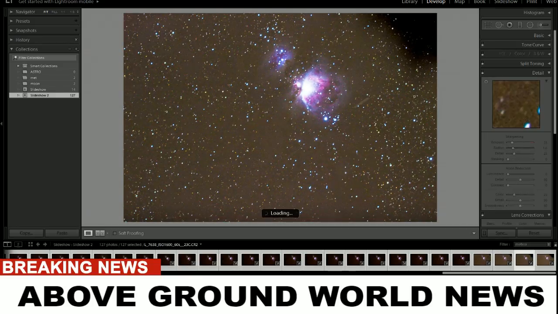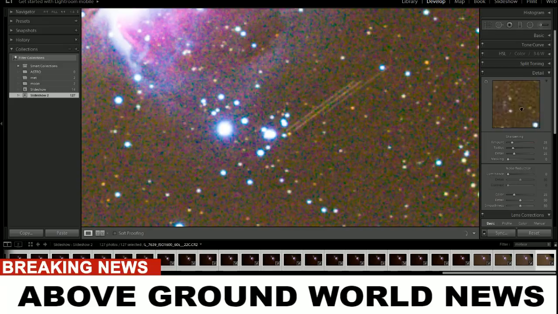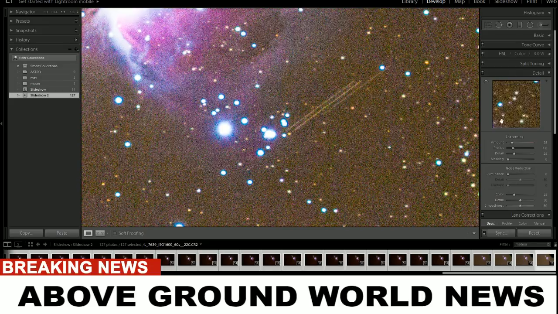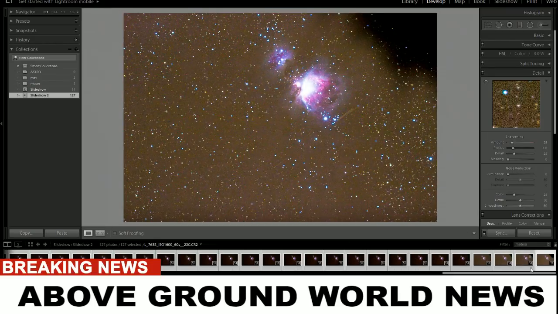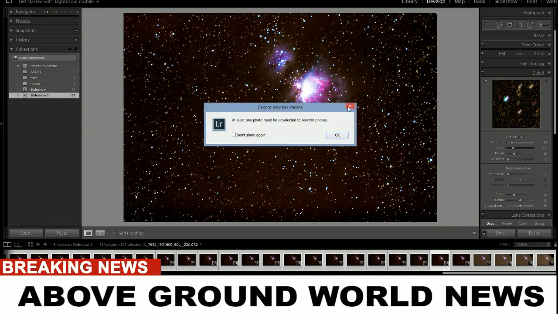Starting to get the tree. That's a tree coming in the picture. Just as we see them, three more in like a formation coming in. Somehow I missed all the big long lines there.